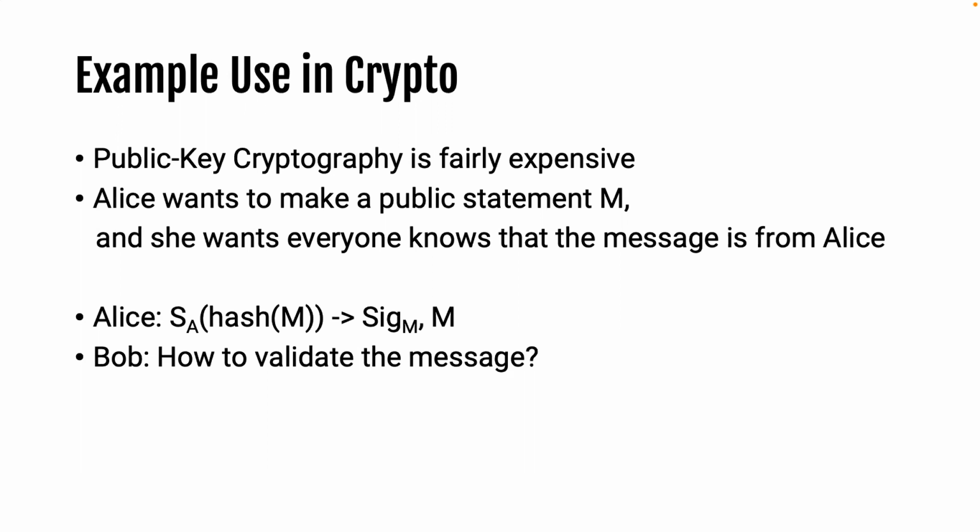So let's suppose that Alice wants to make a public statement. So she doesn't care that the message is confidential. Basically, she just wants to send a message to the outside. For example, I want to send a message to everyone saying that next week's class is going to be canceled. I mean, this is just an example. You still want to come next week, but it's just an example.